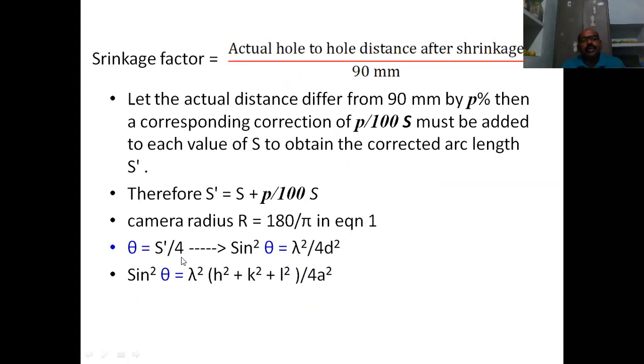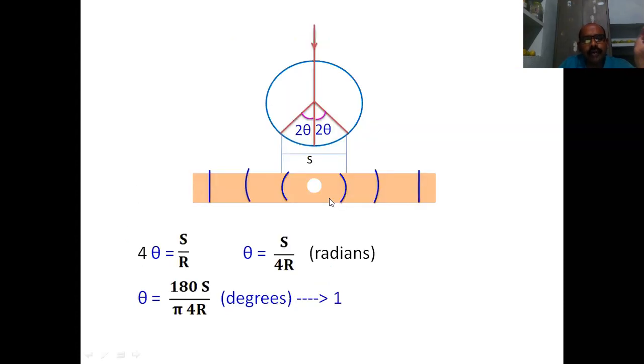S dash is calculated using this formula, S plus P by 100 into S, and S is calculated from the above figure, from the distance between the corresponding arc lengths.